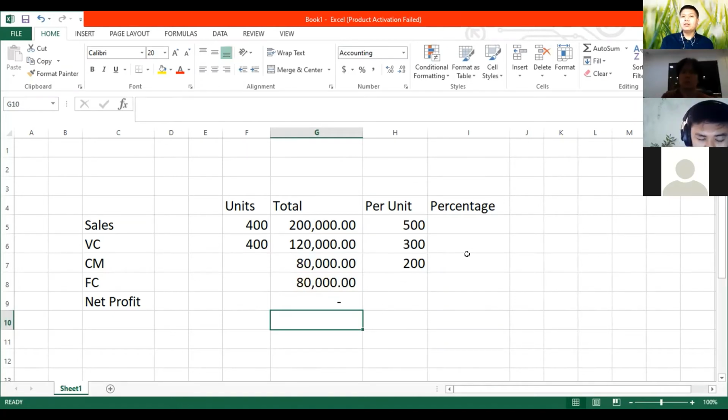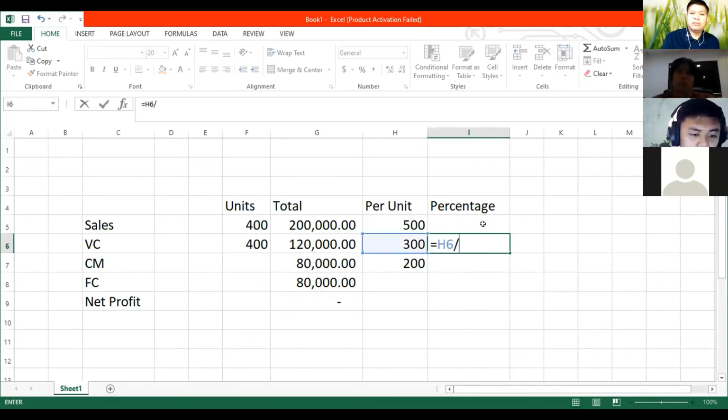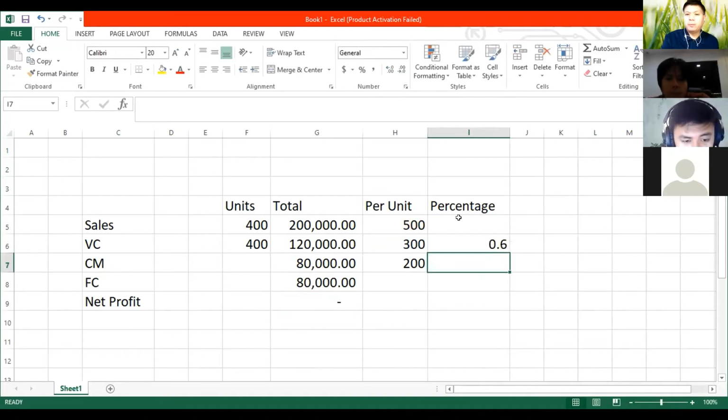Okay. Now, in terms of percentage, you get the percentage of these numbers to 500. Like for example, this is 300 divided by 500. Your variable cost ratio percentage is 60%.